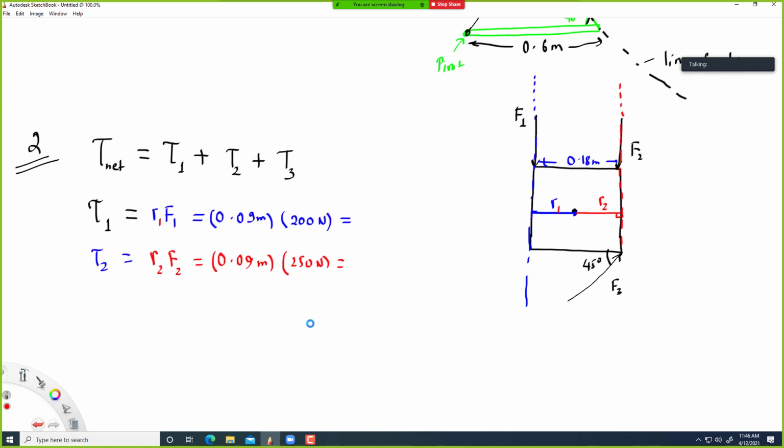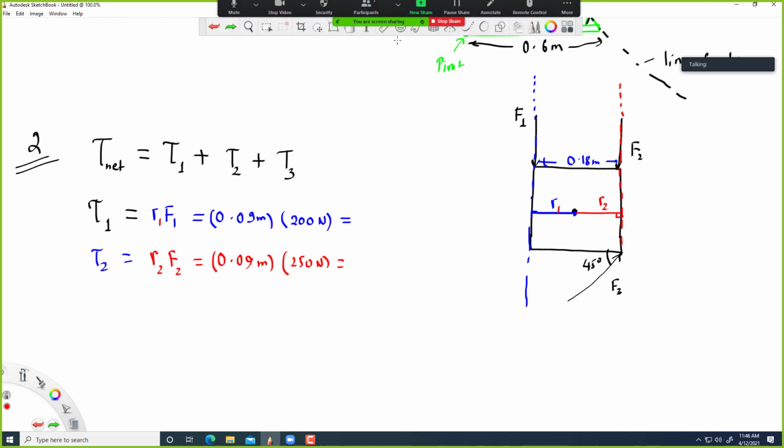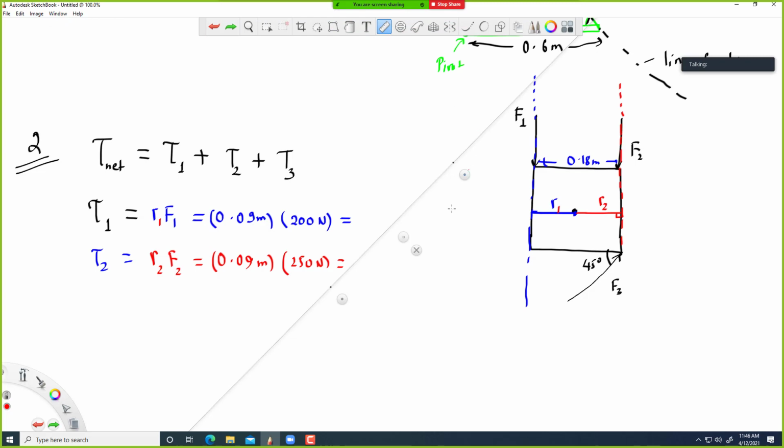Now torque 3. Again draw line of action. So this is the force. So draw this dashed line along that force. So I have hard time drawing. Let's see if I can use some kind of tool. So here is my line of action.